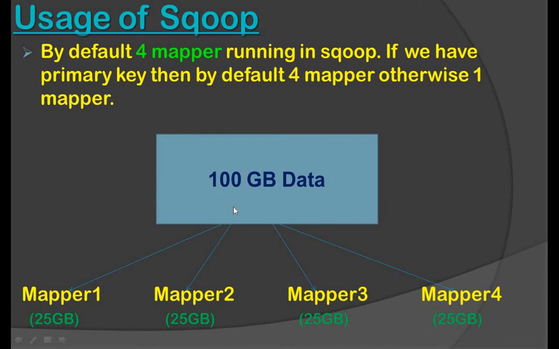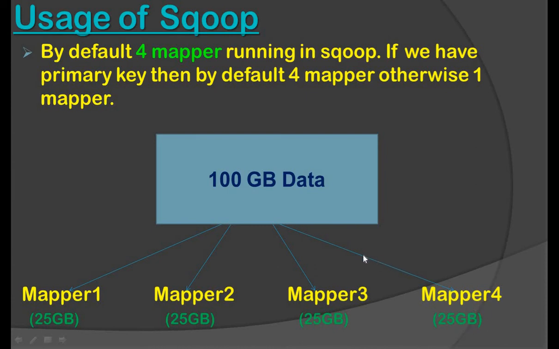As we are seeing here, there is 100 GB of data, and suppose we need to process this 100 GB of data. What does Sqoop do? Sqoop divides this 100 GB of data into 4 mappers. Mapper 1 will process 25 GB of data, mapper 2 will process 25 GB, mapper 3 will process 25 GB, and mapper 4 will also process 25 GB.